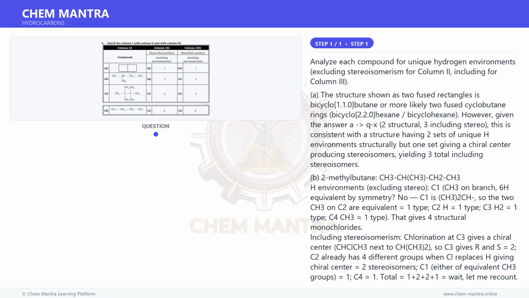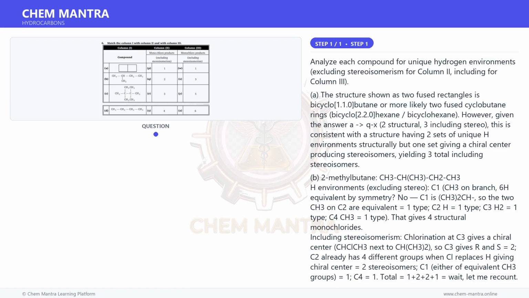The product is (CH3)3C-C(CH3)2Cl, which has no chiral center due to 2 identical CH3 groups on the same carbon. Actually, the carbon bearing Cl has CH3, CH3, C(CH3)3 and Cl; 2 identical CH3 groups, so not chiral. So 1 including stereo, W.